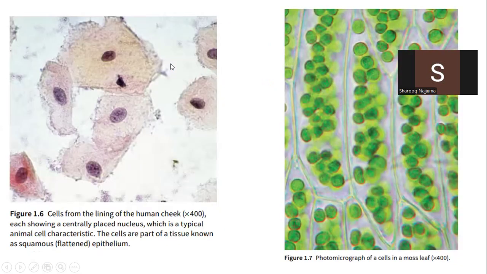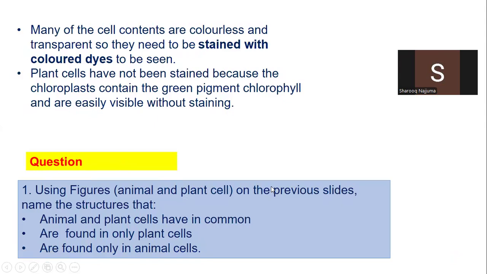When it comes to the plant cell, like this one, it already has chlorophyll, which is a green pigment. So the chloroplasts, you might not need staining because they will already be visible since they are colored. They'll be able to obstruct the light and then you'll be able to observe them.